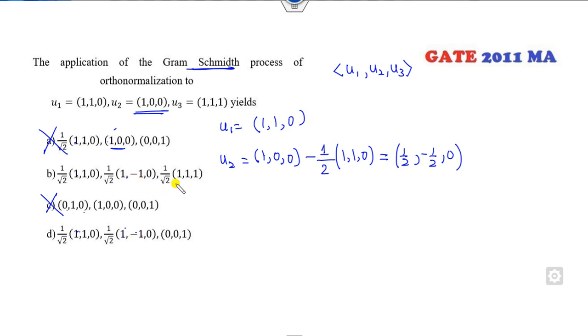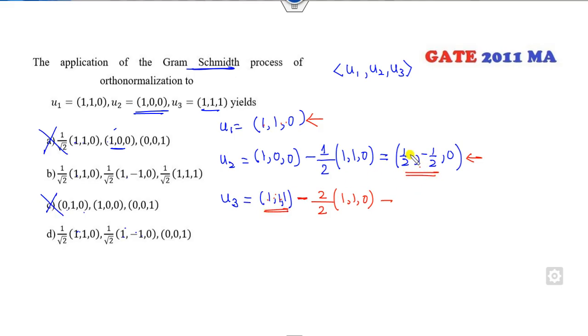Fine. Now for the third value, you can find the third vector. The third vector is 1 1 1. Fine. Now you have the two vectors. One is this, second is this. Now you have to apply the projection 2 times. First this with the help of this. What is the dot product of this and this? 2 divided by 1 square plus 1 square, that is 2, into 1 1 0. Do the same thing for this vector with the help of this.